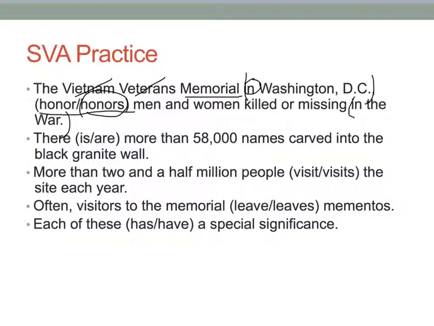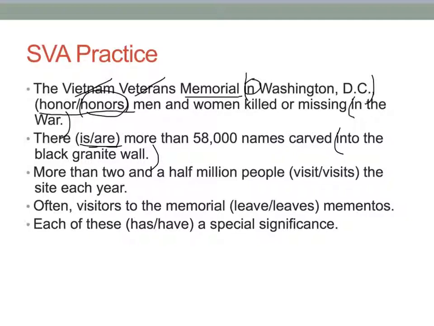Let's move on to the second sentence. There is or are more than 58,000 names carved into the black granite wall. Again, we can get rid of the prepositional phrase. So what's the subject of the sentence? Notice that there is located right before this little verb form here. Could it be there?